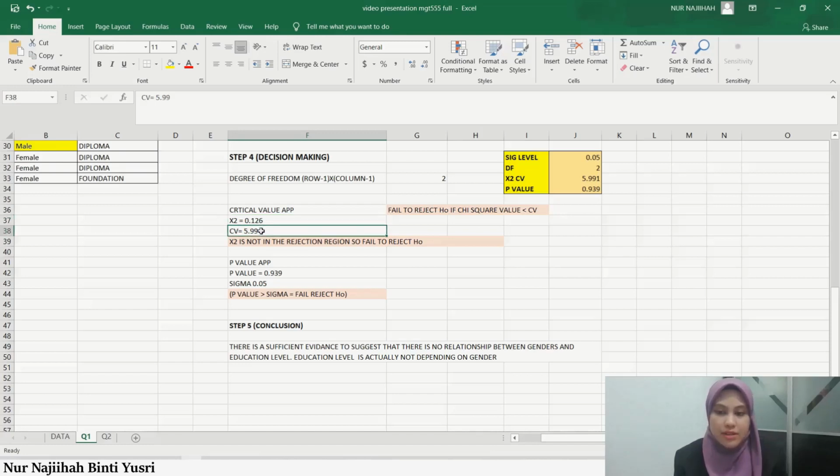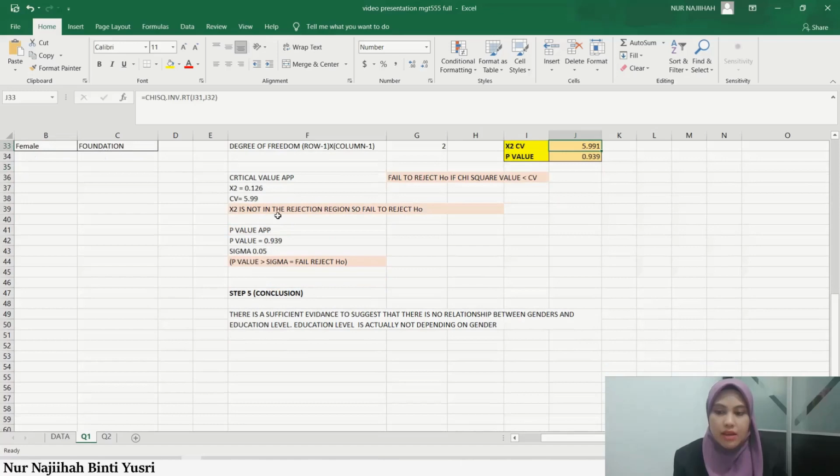As for the critical value, the amount is 5.99, where we take it from chi-square critical value. Based on the observation, the chi-square value is less than critical value amount. As the chi-square is not in rejection region, so we fail to reject H0.